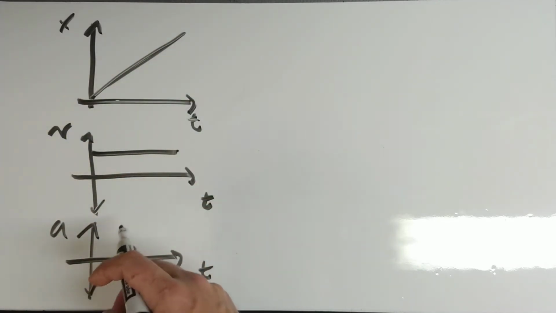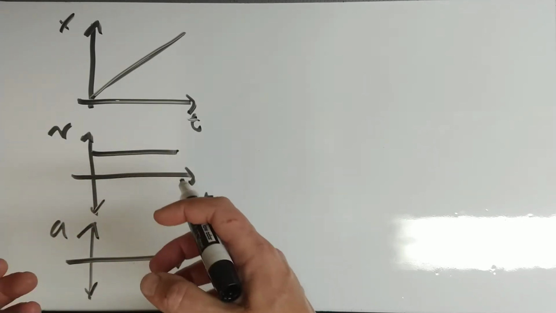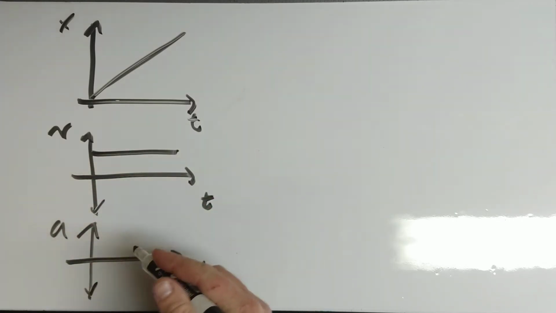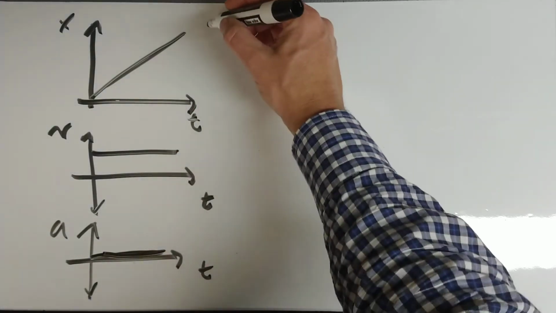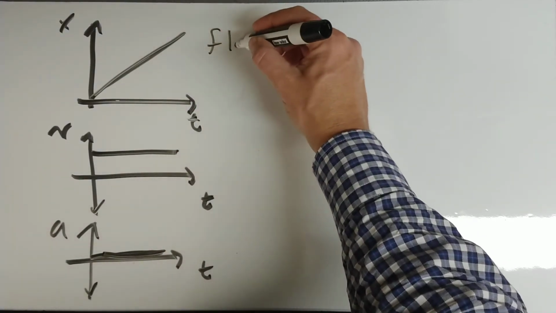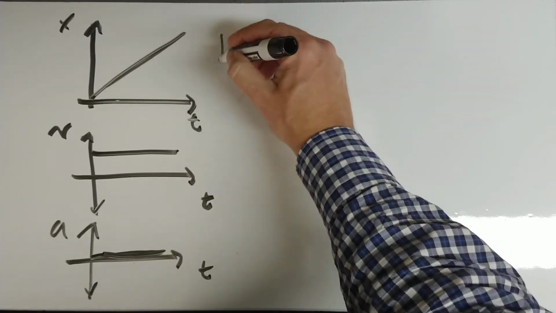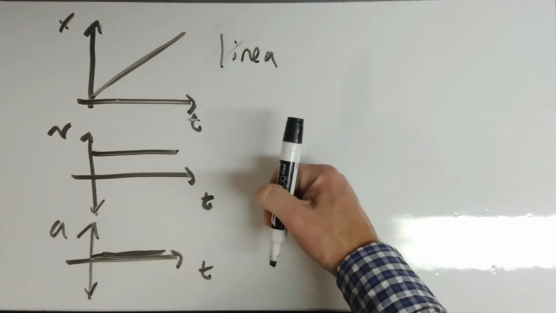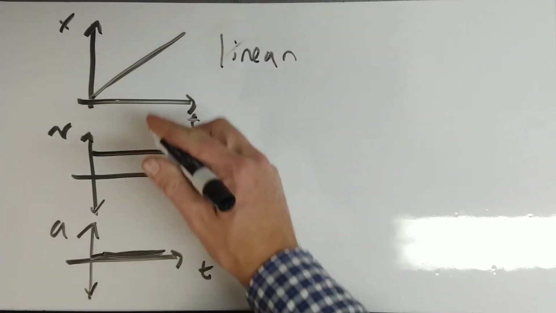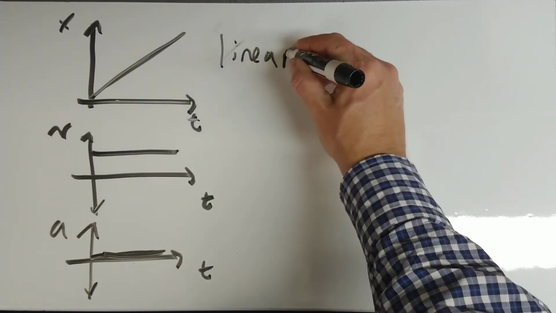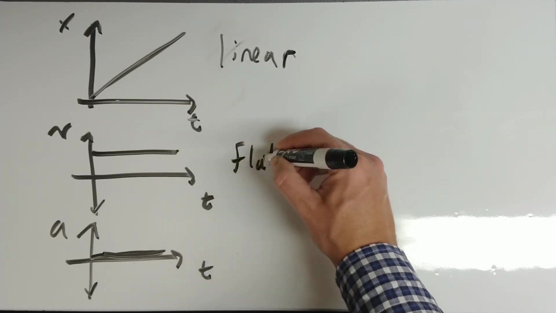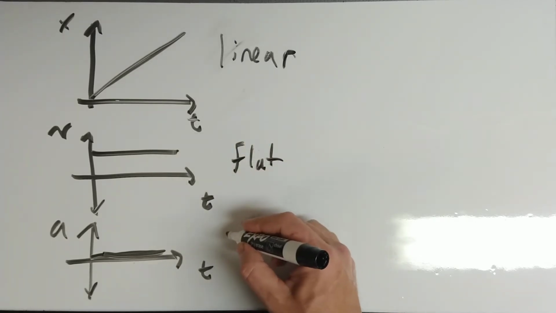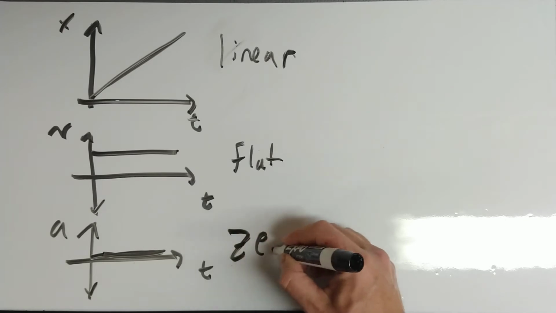The acceleration, well, if the velocity is constant, now that we know what acceleration is, that means the acceleration must be 0. So if we have a linear position versus time graph, then our velocity versus time graph is flat, and our acceleration versus time graph must just be 0 the whole time.